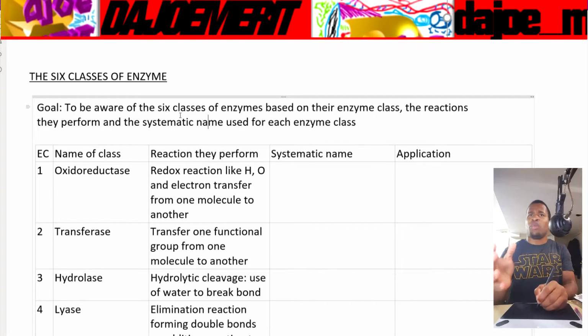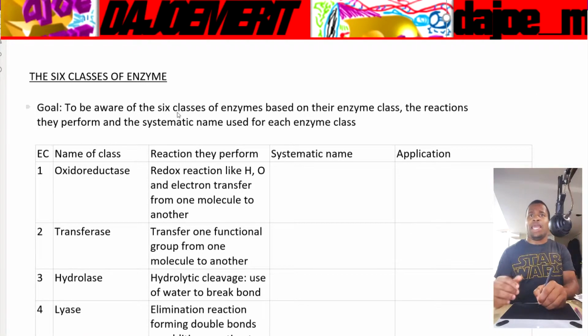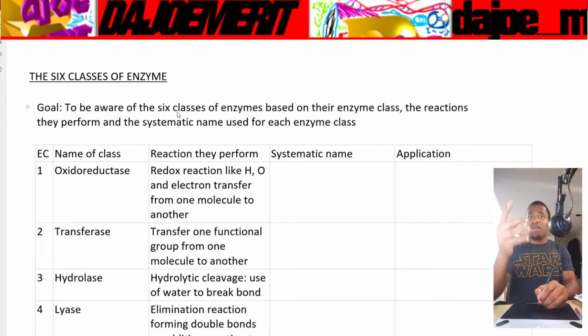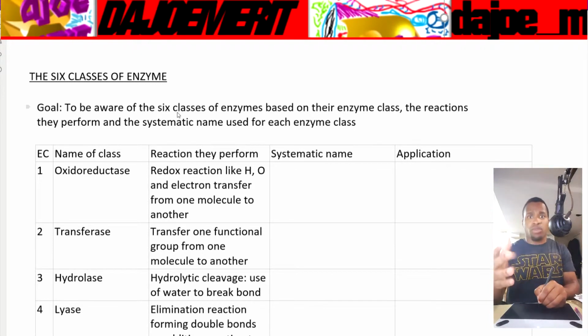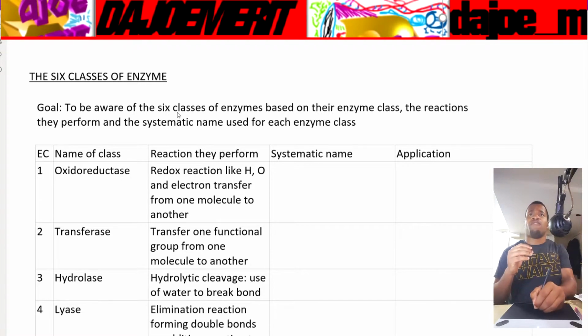So here we have the EC name, and the EC, which is the enzyme class, has all the 6 numbers right there. So we have number 1, which is our main focus.